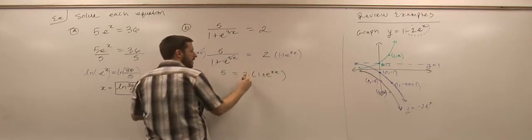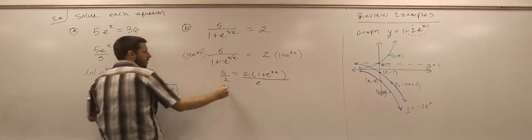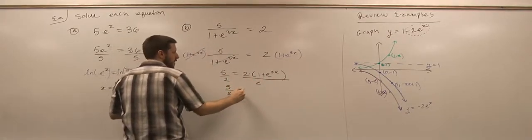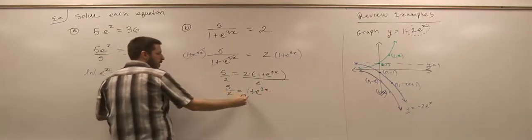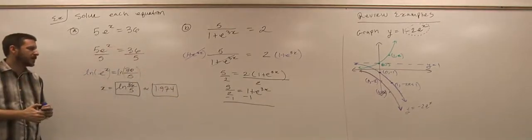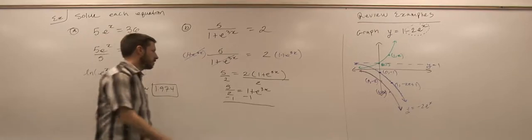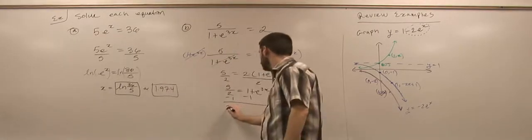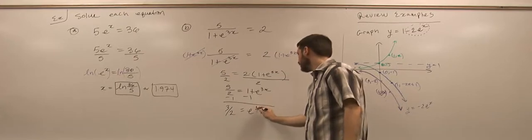So one method would be to get rid of this 2 by dividing. 5 halves equals 1 plus e to the 3x. Then subtract the 1 over. We're peeling it away to get the e isolated. 5 halves minus 1 is 3 halves, equals e to the 3x.